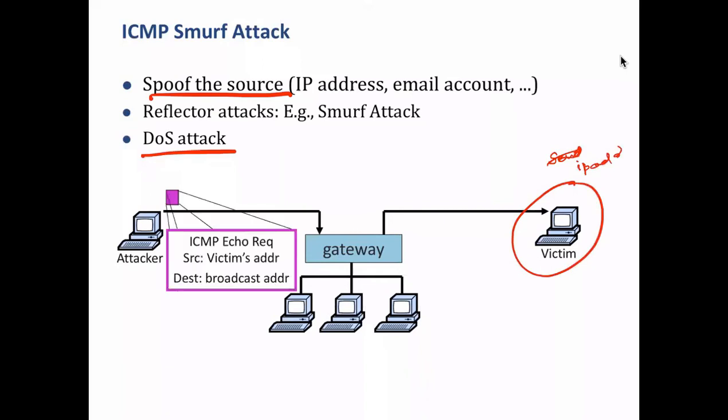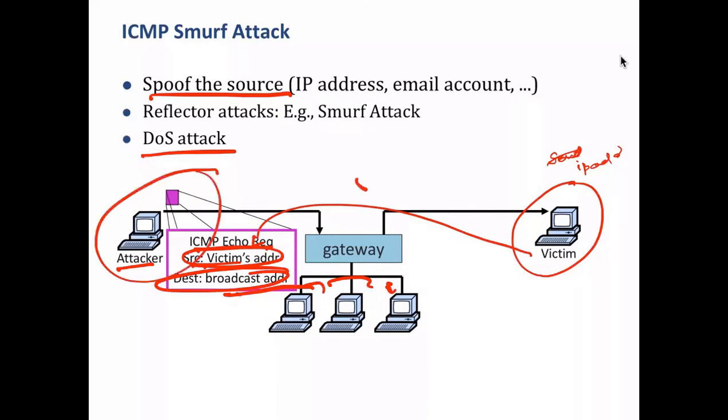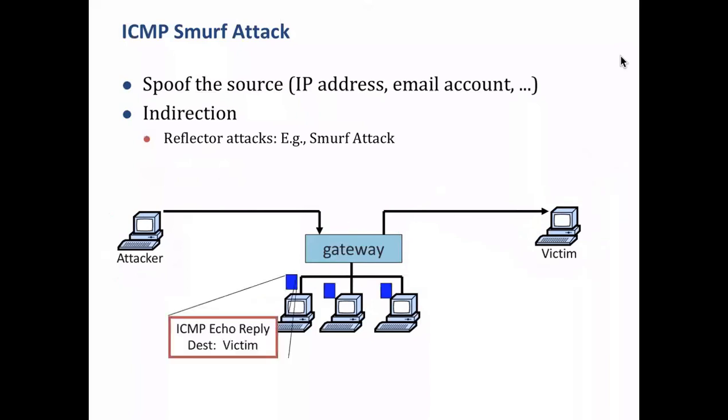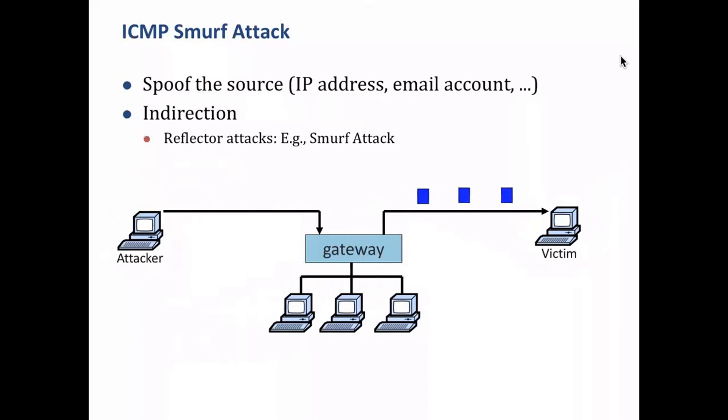So the attacker is sending an echo request message with the victim's address as the source, and it's a broadcast. Now all the machines will receive this and send the reply back, not to the attacker, but to the victim machine. So it sends one packet, it goes to all machines, and the replies go to this machine. It's called a smurf or reflector attack.